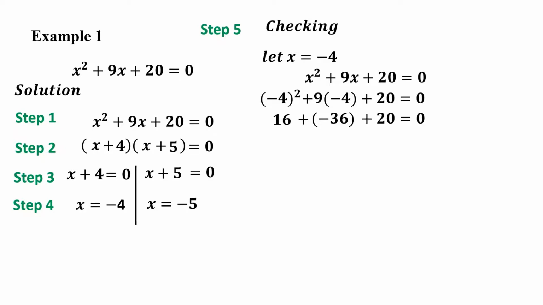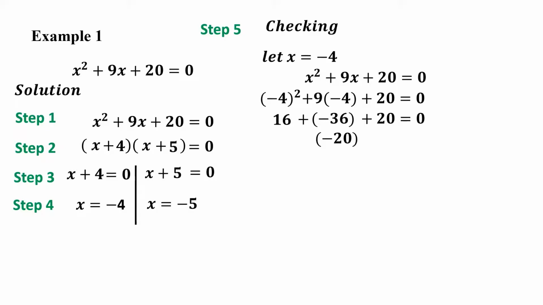Next, we will add 16 plus -36. The result becomes -20. How? Since they are not similar in sign, therefore, we will proceed to subtraction, not addition. The sign of the answer will depend on the highest value.